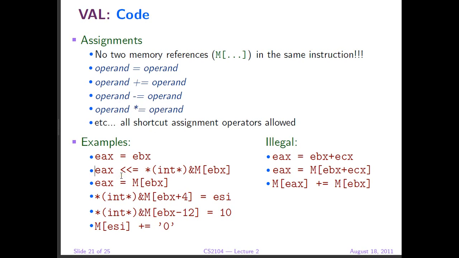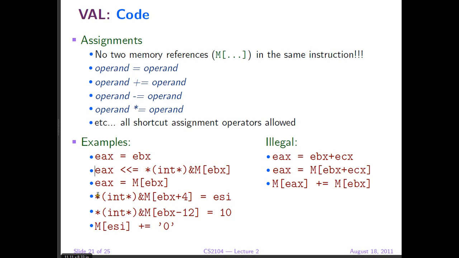Okay, so these are examples of correct assignments: EAX equals EBX, EAX shift left memory operand, EAX equals memory at EBX. Even though this is an integer, you can assign less. And so on.